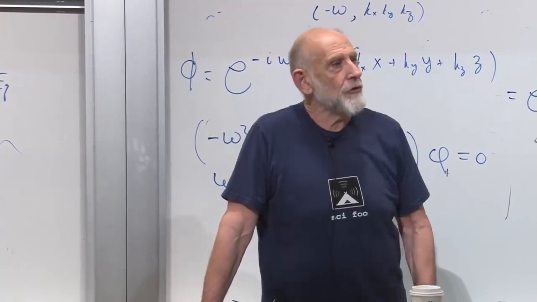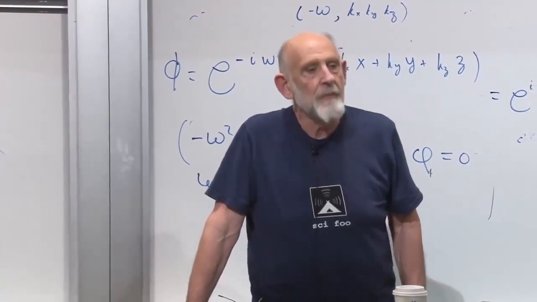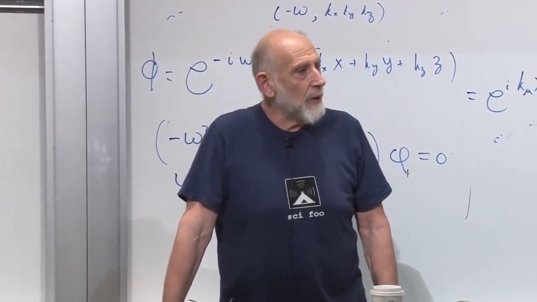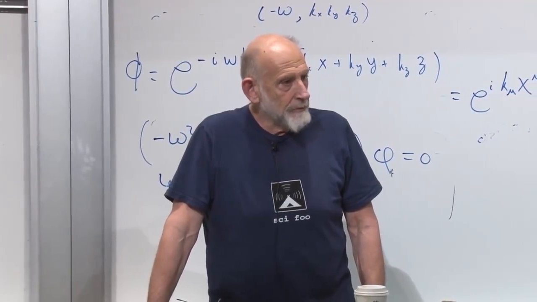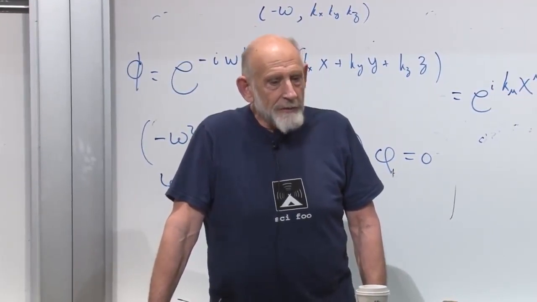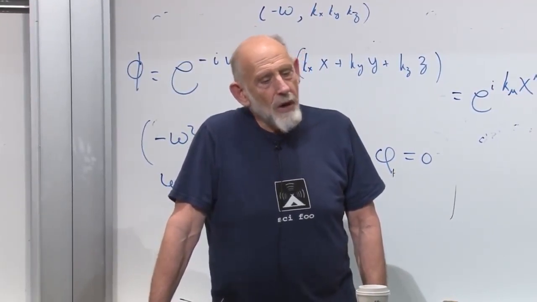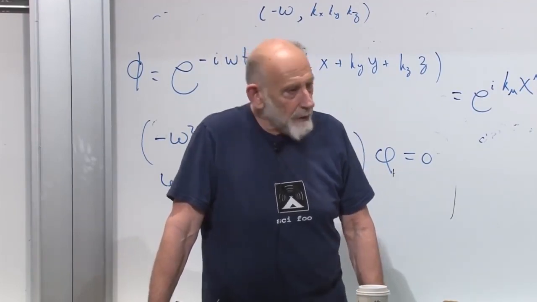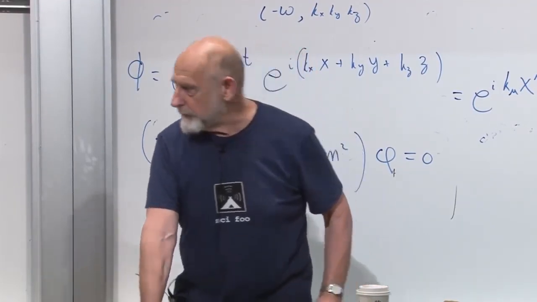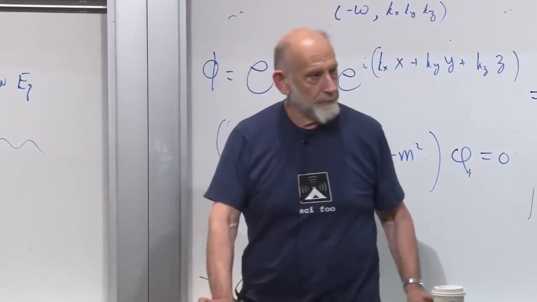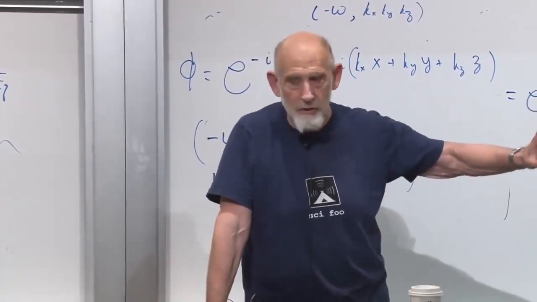This is pretty much the unique Lagrangian which would lead to a linear equation. We'll come back to why we're looking for linear equations, but for the moment, this is just an example.